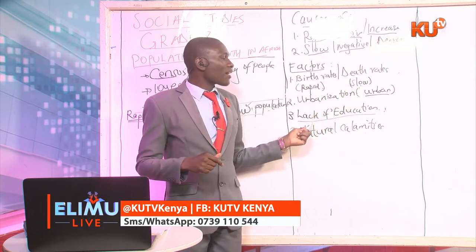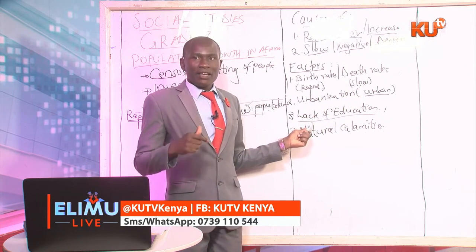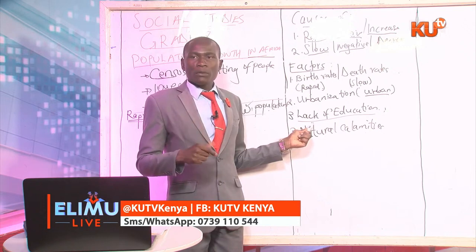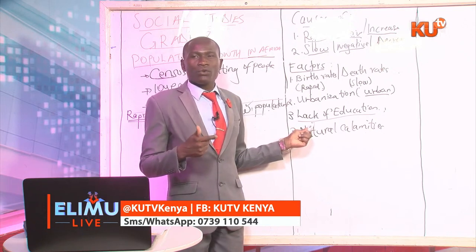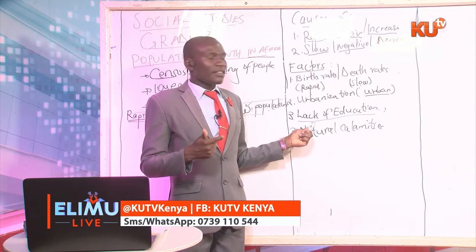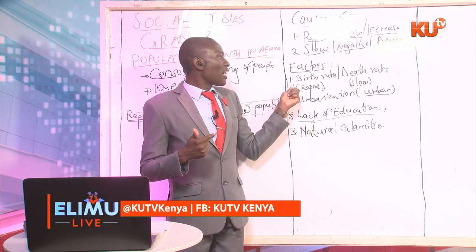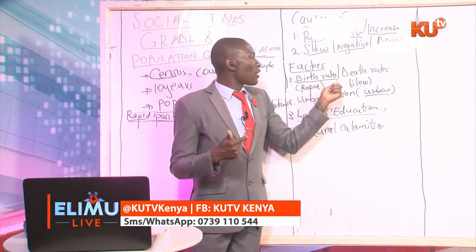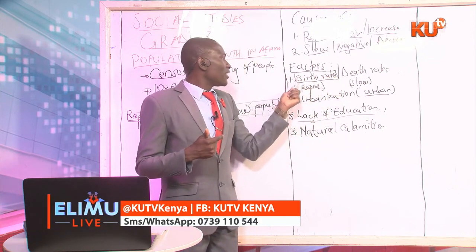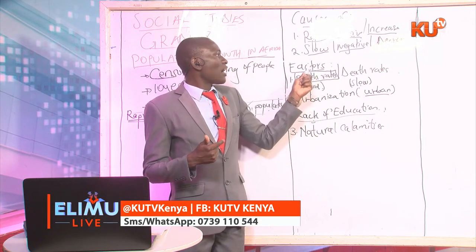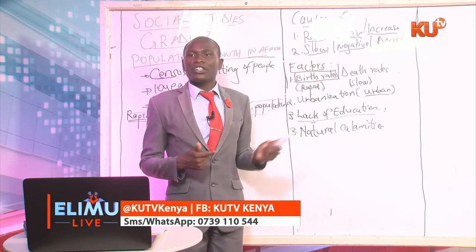But if we lack education, people will not be aware of the methods of family planning and the use of contraceptives, meaning that a large number of people will be giving birth, and this will lead to rapid population growth.